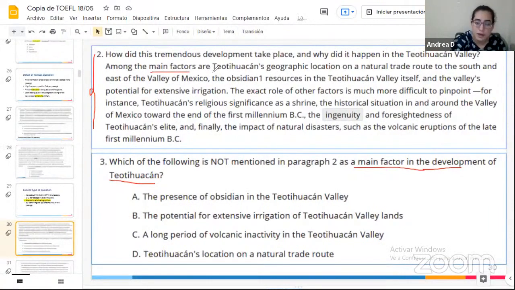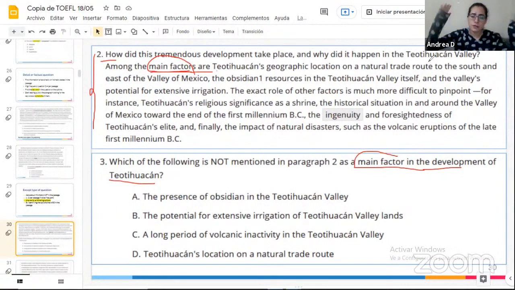Among the main factors are... Remember what I said last class? To know what the paragraph is about, you can basically just read the first line: how did this tremendous development take place, and why did it happen in the Teotihuacan Valley? The main factors are, and now we have our keywords here, main factors in the development of Teotihuacan.